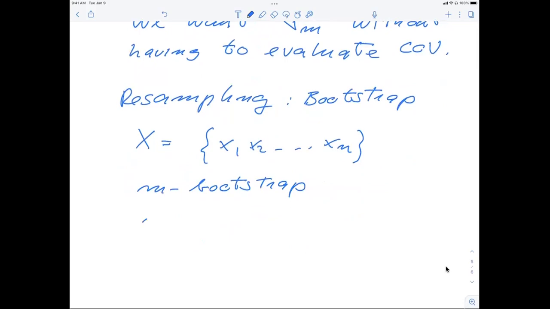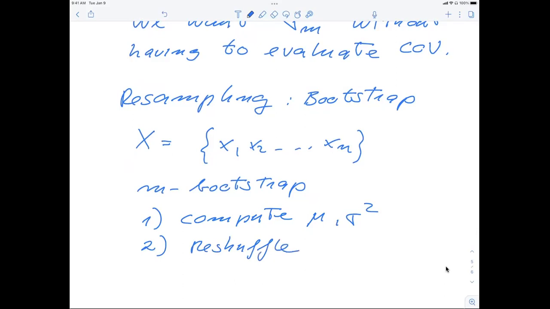So the first step now is to compute the standard deviation or the variance, compute mu and sigma squared for the data set which you have. The next step is to reshuffle the full data set randomly by selecting.